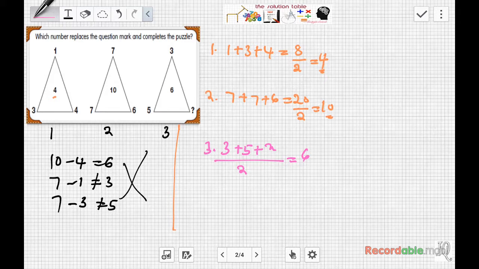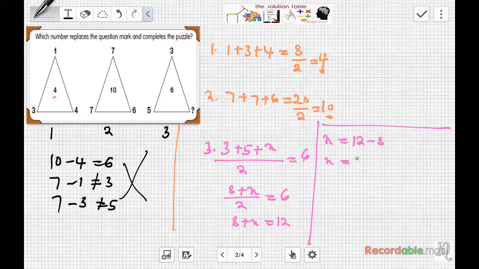Solving this simple equation gives us (8 plus x) over 2 equal to 6. By cross multiplication, we have 8 plus x being equal to 12. Subtracting 8 from both sides of the equation gives us x equal to 12 minus 8. x therefore is equal to 4. So we have 4 to replace the question mark.